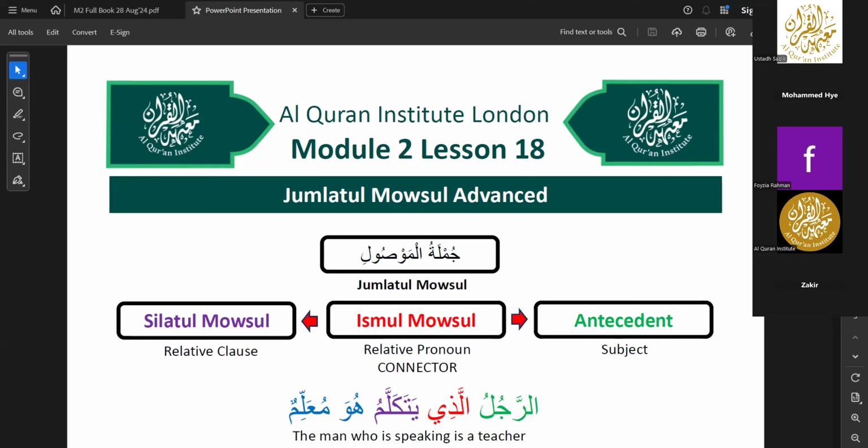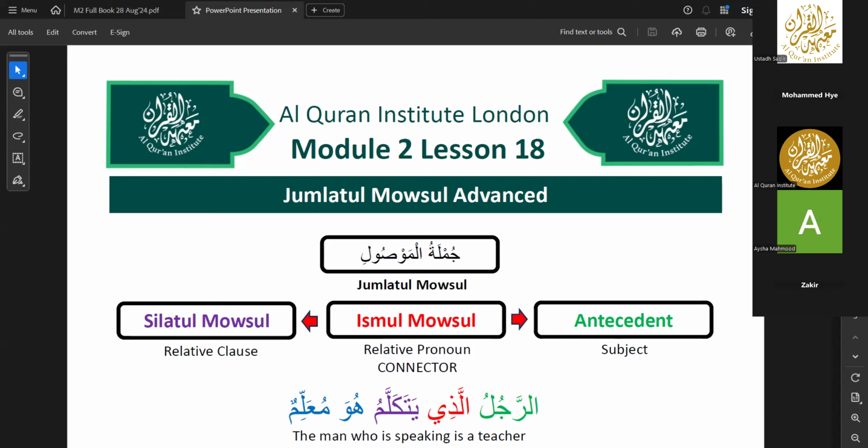Attached and detached pronouns. Mashallah, there you go. Arabic name of all of them, please. All 4: Damir Muttasila, Damir Munfasila, and Ismul Ishara, Ismul Mawsul.